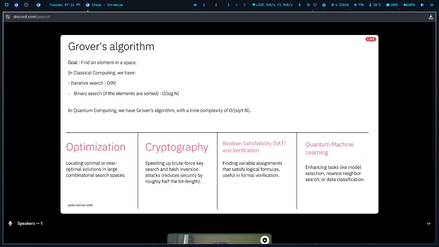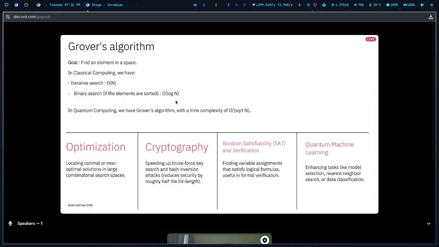Grover's algorithm is a search algorithm. Normally in classical computing, an iterative search has a worst case of n elements: you have n elements, and the worst case is always finding the last element you're looking for. So we apply this notation to understand the worst case.